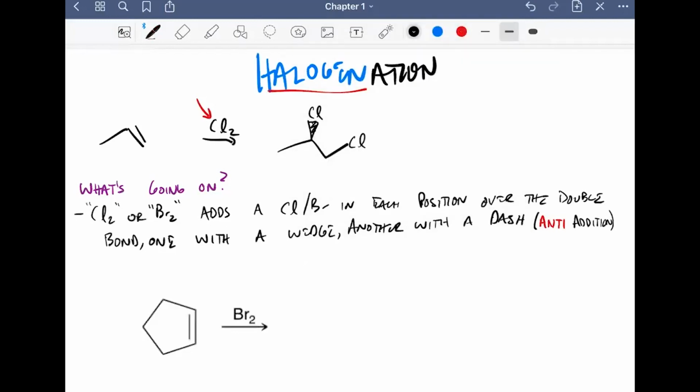Okay, so I have an example down here. We have Br2. So we have to look at our double bond and we add a Br to each of that. So we have one Br that's on a wedge and one Br that's on a dash. And that's it for that reaction.